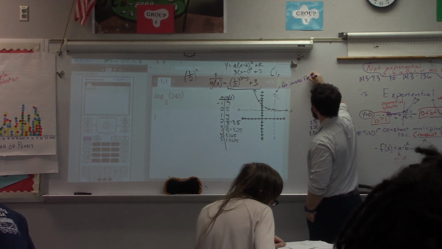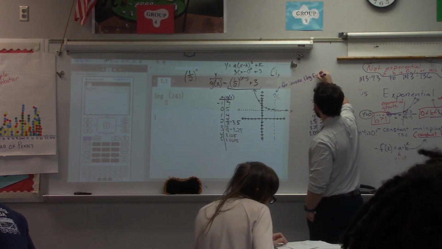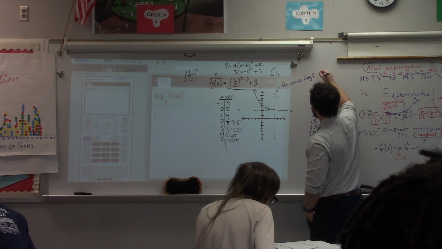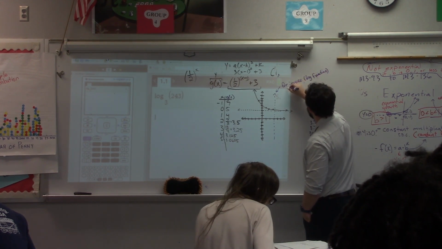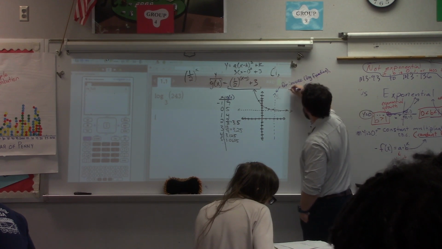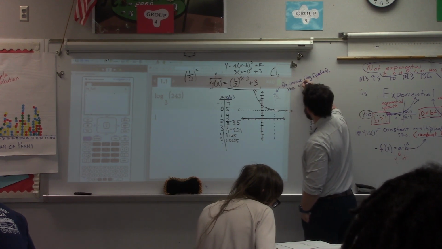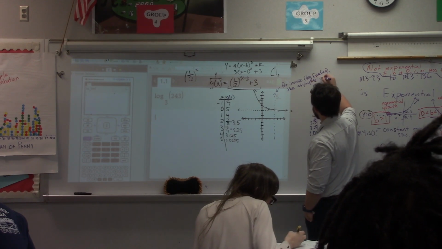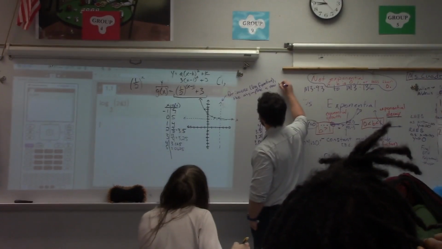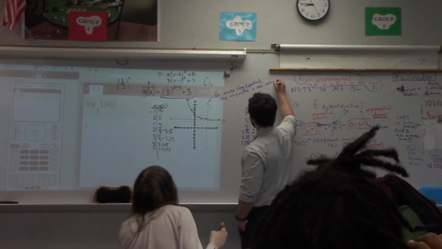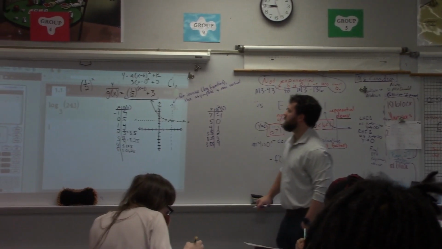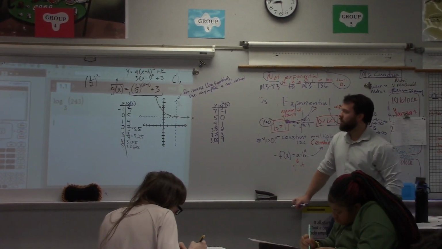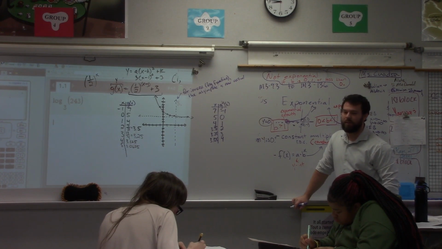that log function's asymptote is now vertical. The asymptote was originally horizontal, now it's vertical, because what happened to my inputs and outputs?